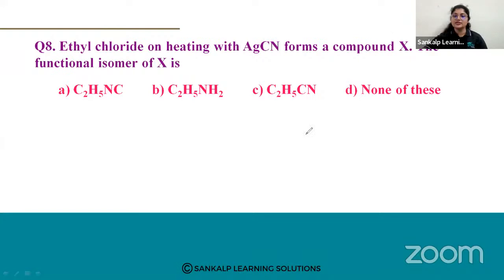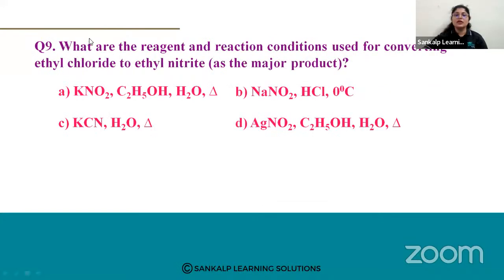We'll go for the next. What are the reagents and reaction conditions used for converting ethyl chloride to ethyl nitrite as a major product? What conditions can be used for converting ethyl chloride to ethyl nitrite?